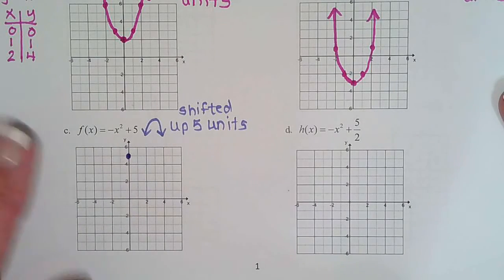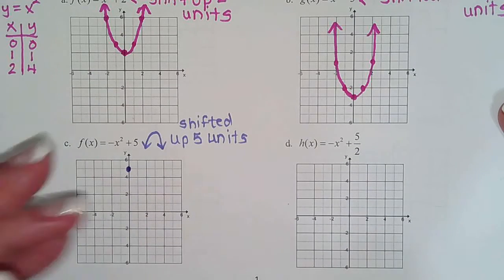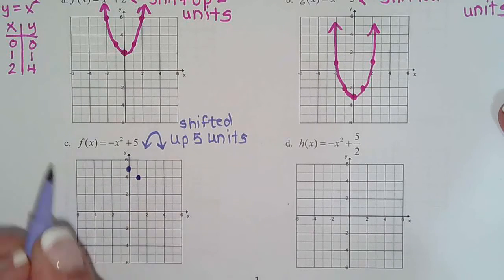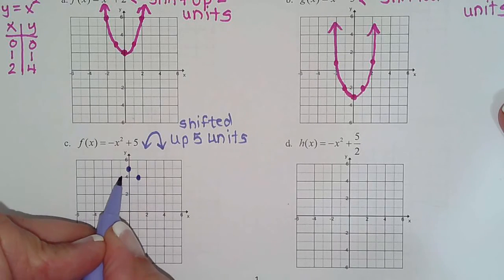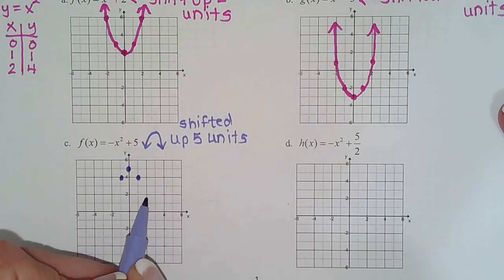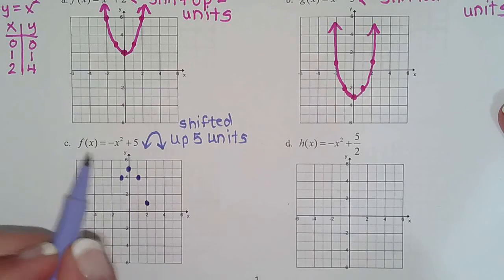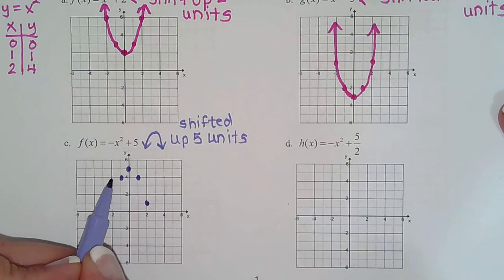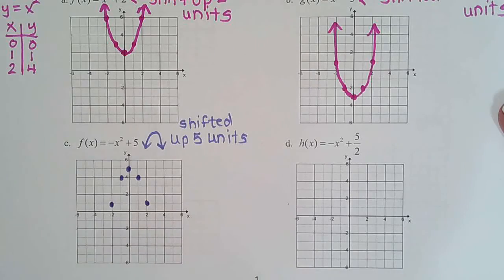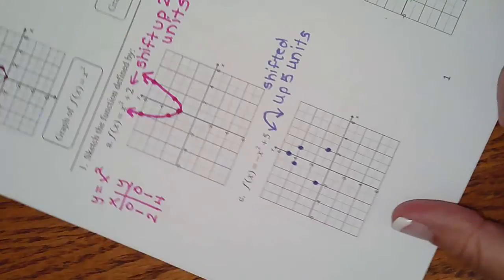And then I do my 0, 0, 1, 1, 2, 4, but I do it going down. So right 1, down 1. Left 1, down 1. Right 2, down 4. Left 2, down 4. Is it symmetric? Yes, it is. So now I draw my graph.